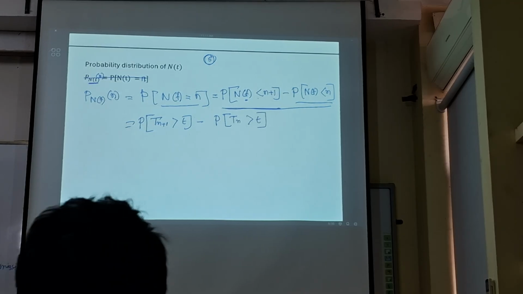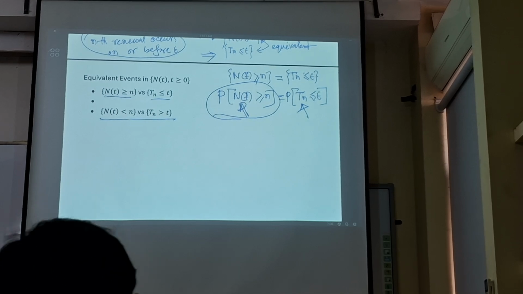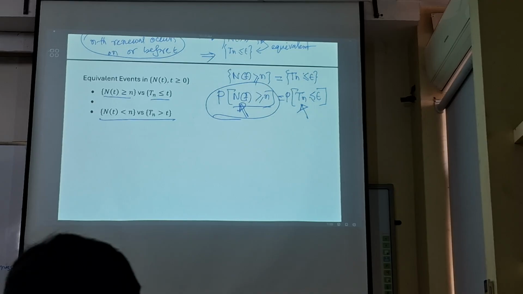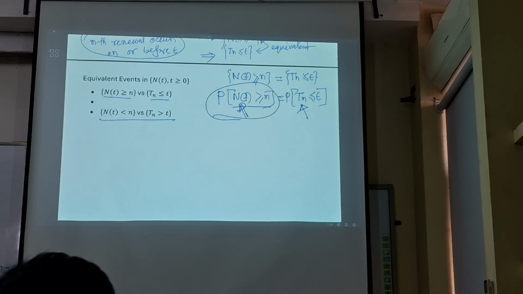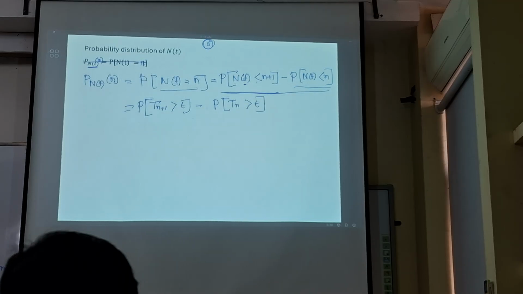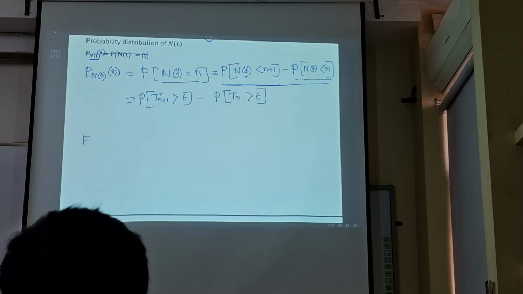Can I write this? Just following this one, the probability that N(t) is greater than or equal to n is the same as the probability that T sub n is less than or equal to t.